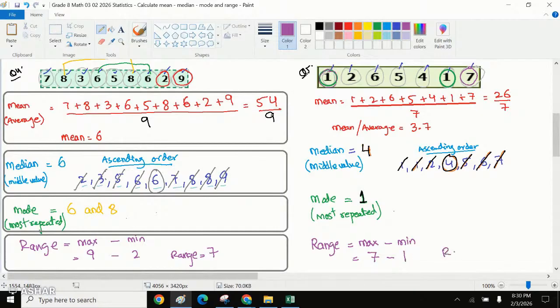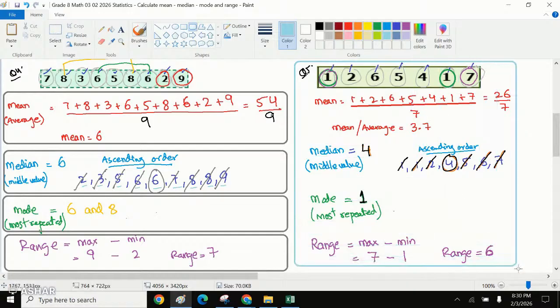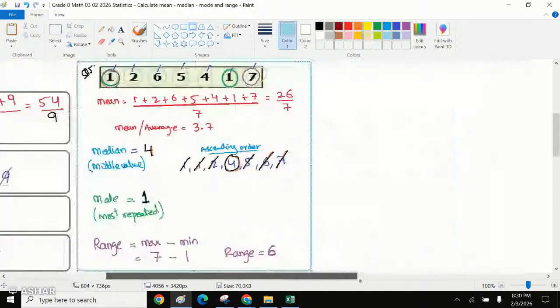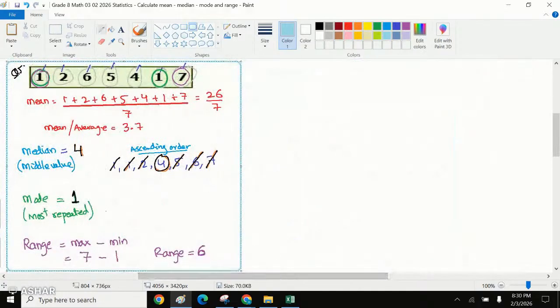That means the range for this question comes out to be 6. Okay, so we were able to find all the answers, right? Mean, median, mode, and range for these given values. Okay, moving ahead.